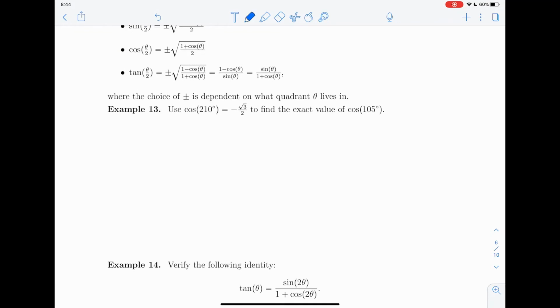Well, let's draw a picture and see what's going on here. So what we see here is 105 will live somewhere in quadrant 2. That's going to be 105 degrees. So here's our reference angle.